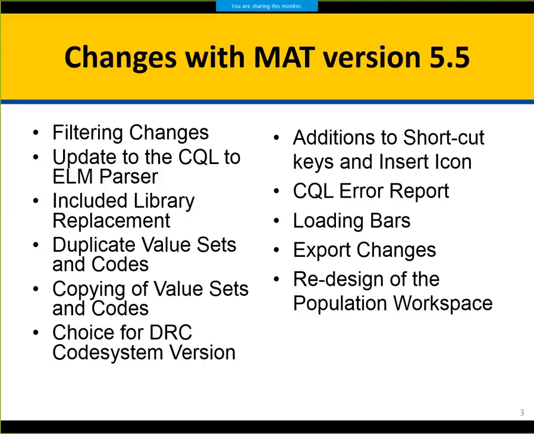More user-facing items include a way to replace an included library with a newer version, a way to retrieve a value set with a program and release, a way to enter value sets and/or codes that have the same name, changes to the applied value sets and applied code tables, a way to choose whether or not to include the code system version in the exports for your direct reference codes, a way to copy value sets or codes from one measure to another, the ability to edit direct reference codes, some changes to the shortcut keys and insert icon options, a new CQL error report, loading bars on all the screens, changes to the exports, and to top it all off, a complete redesign of the population workspace.